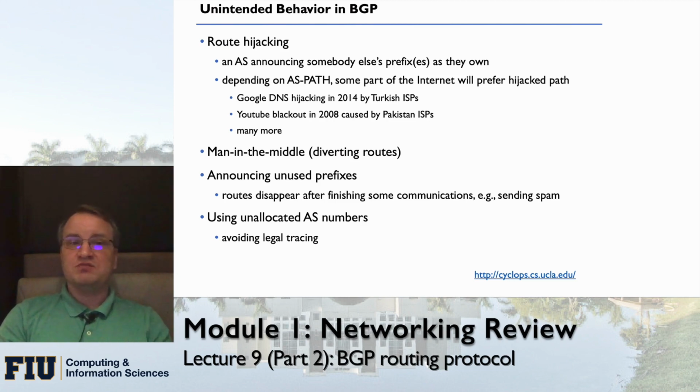For example, you can put yourself into this AS path and skip a bunch of them. As soon as others receive your announcement saying your AS path to google.com is very short, they think you probably have very good connectivity to Google data centers, so let us send traffic towards you.